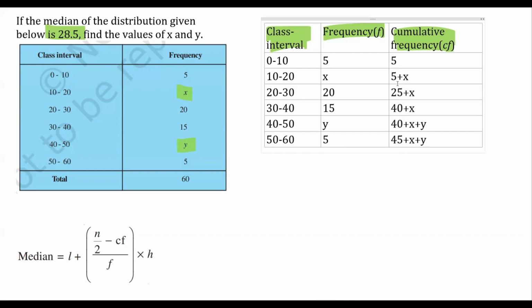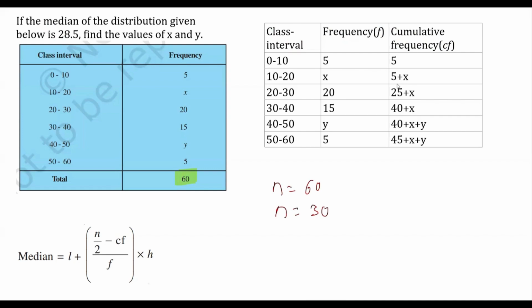Now, once we have obtained this, as you can see in the question, we are given n as 60. So we can conclude that n is 60. It implies that n by 2 is how much? 30. And then we can find out the median class.